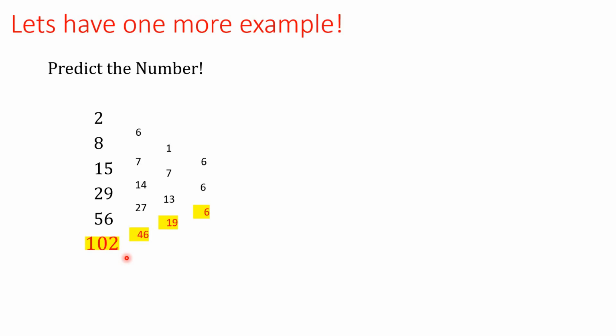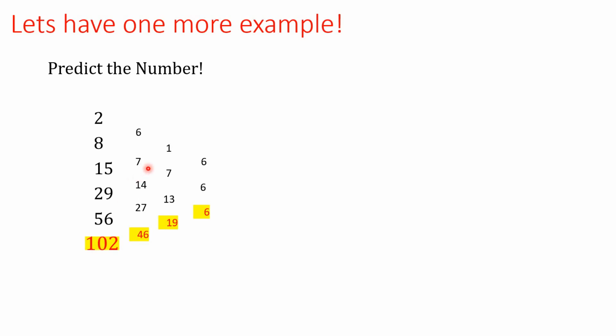Alright, so see, even for this data, where we don't have any pattern, we got a pattern at the third difference. The third difference we got same number, 6, 6. And by using that, we got this missing number, which is 102. And what is the pattern here?